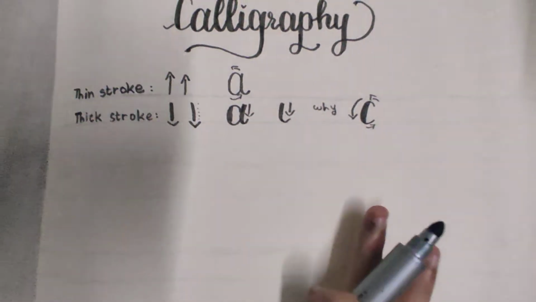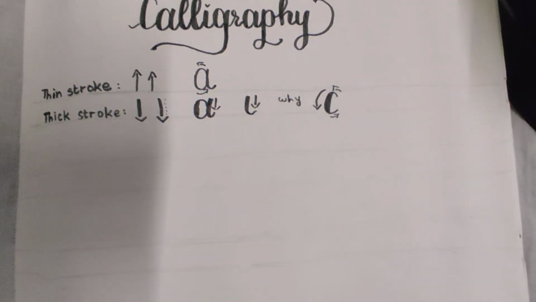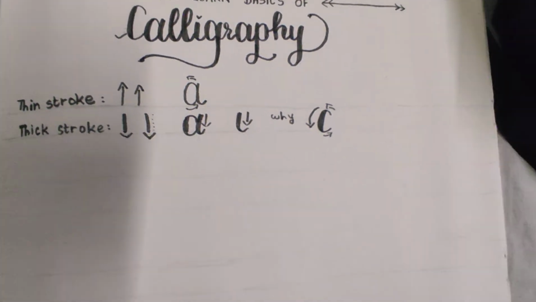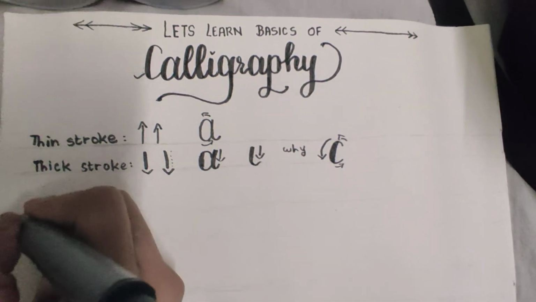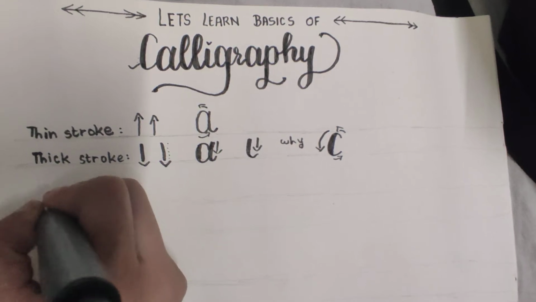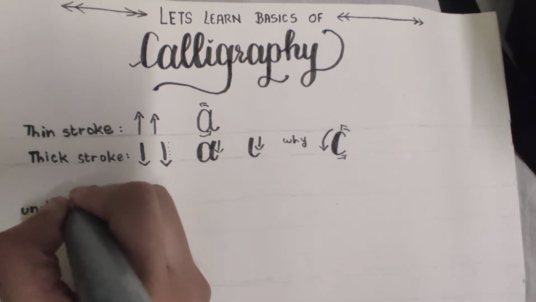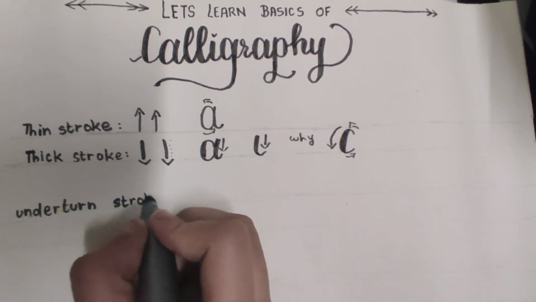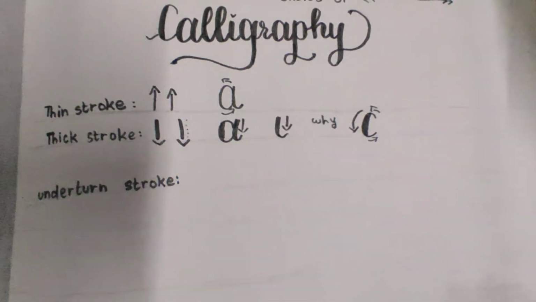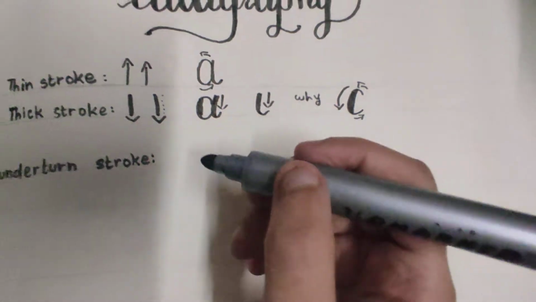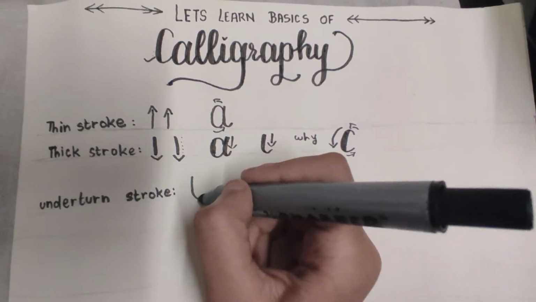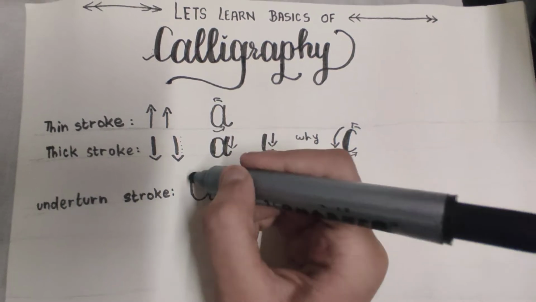So now, after thin and thick stroke, we'll learn two more strokes. The third stroke is the underturn stroke. So how do we make an underturn stroke? It's made like this.